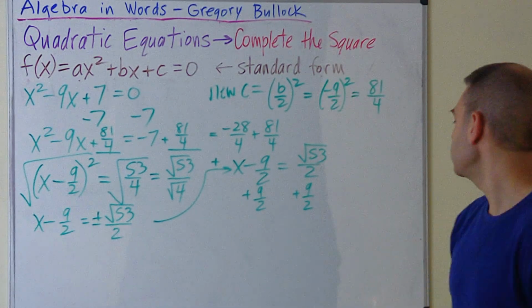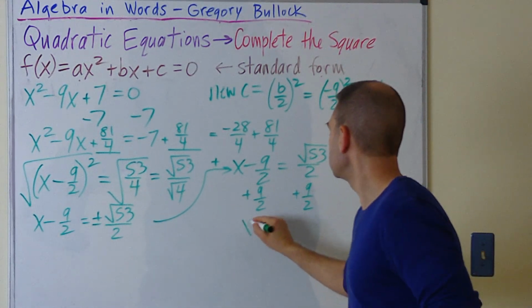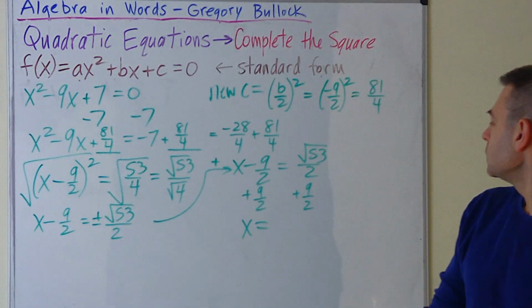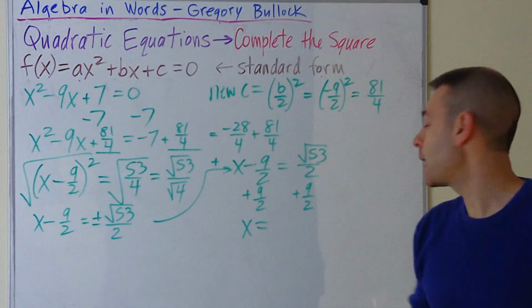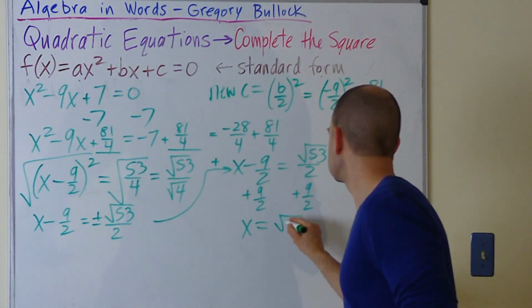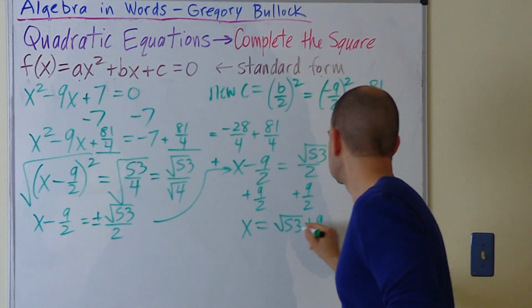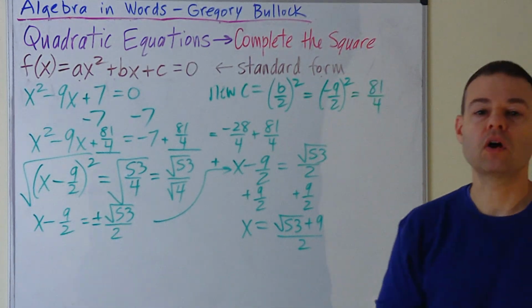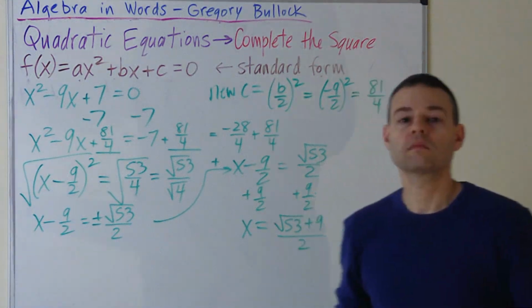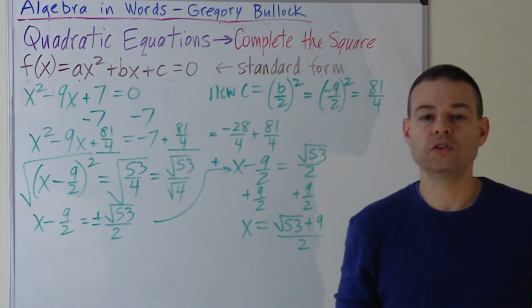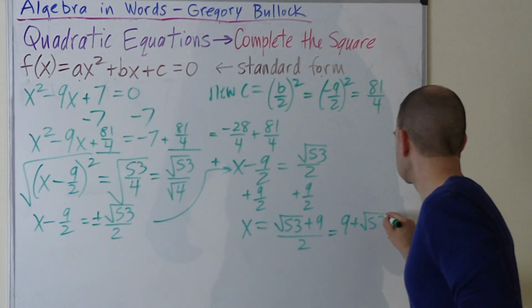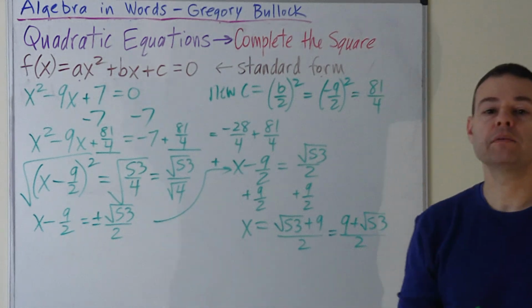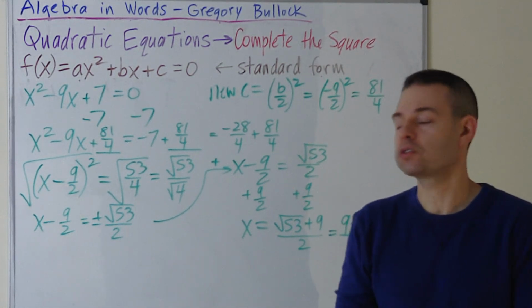And on the right, we get square root of 53 plus 9, and that's all over 2. Usually we write the whole number first, so 9 plus square root of 53 over 2.